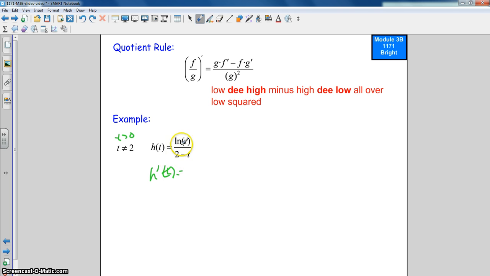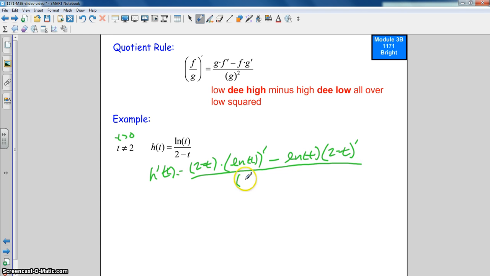That is just going to be the low, so I recopy the lower function, times the derivative of the high part, so I'm just going to write natural log of t prime, minus natural log of t, so I just recopy that one, times 2 minus t prime, all over 2 minus t squared.